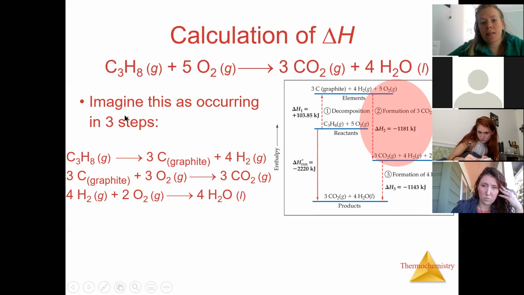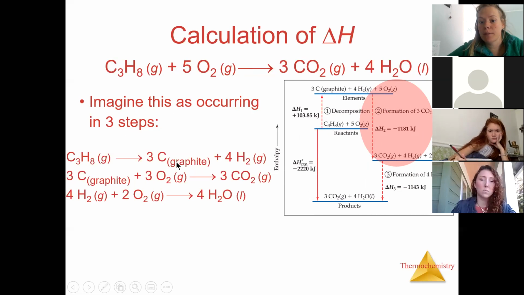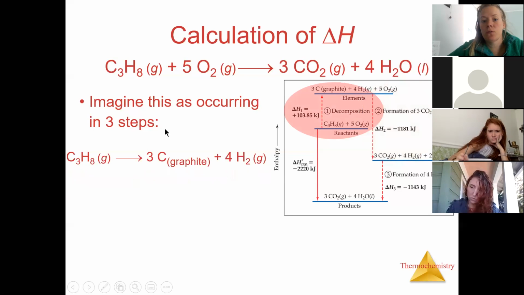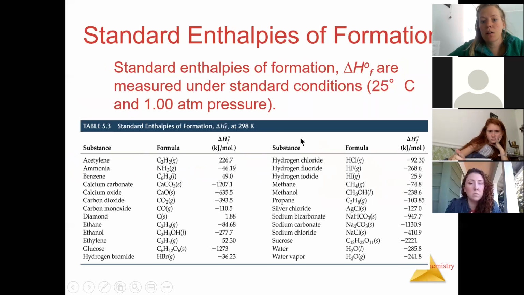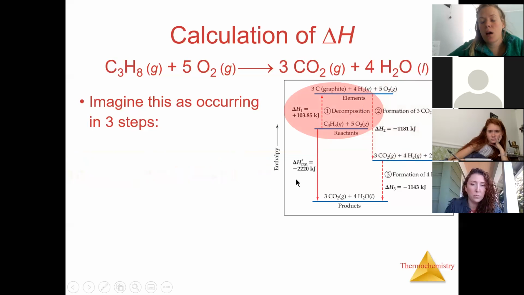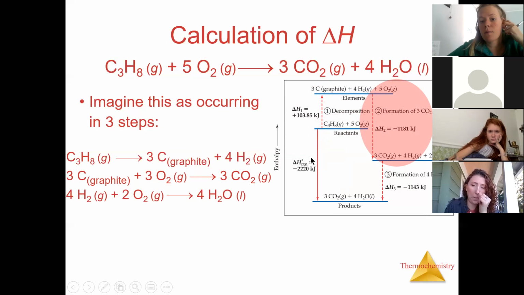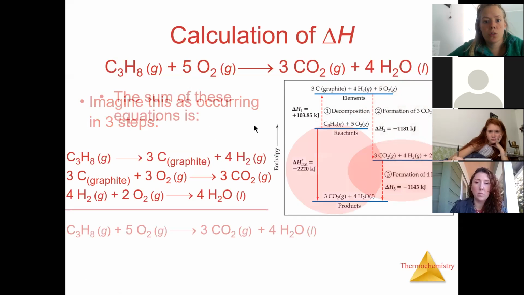So what we're finding is that these larger, more complicated equations are actually just a series of breaking down and then reforming. And if we know all of these delta H of formations here, we can break our equation down into simpler things, then we can have just a really basic equation that tells us the delta H of our products minus the delta H of our reactants is the delta H of the overall reaction.